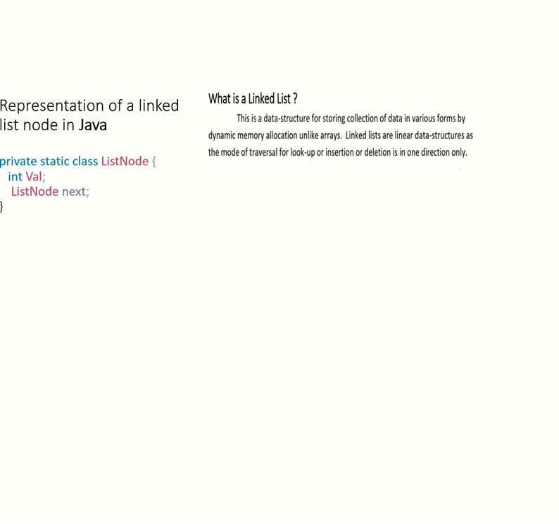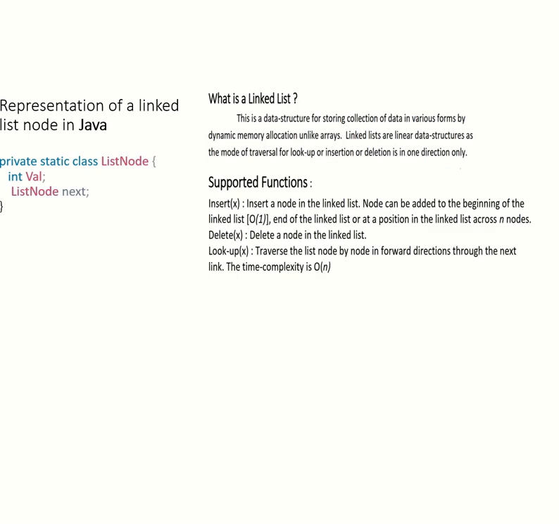With respect to operations, there are three sets of primary operations that can be supported on a linked list. It allows insertion or addition of a node with a given value at any position, maybe at the head, at the tail, or at a given index. It's also possible to delete any element, maybe the head, tail, or at a given position.